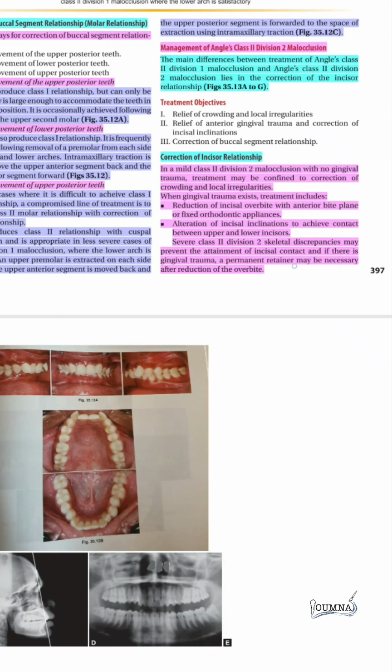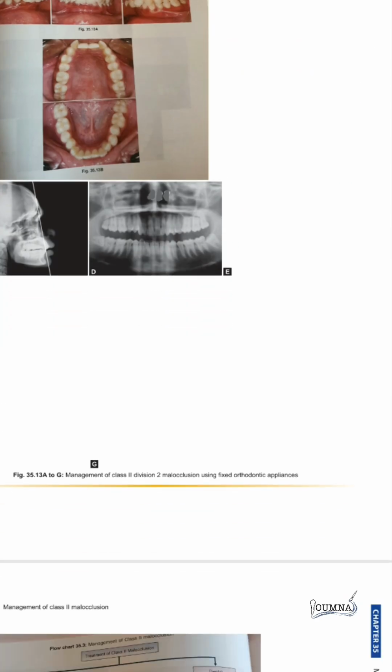In some cases where this type of anterior relationship is causing gingival trauma, after we relieve the overbite, we should do a permanent retainer after the reduction of the overbite.